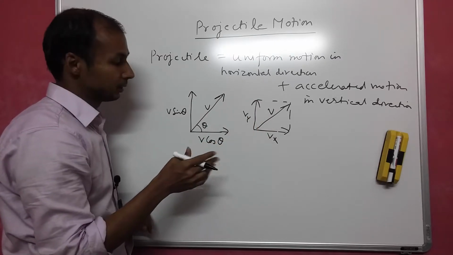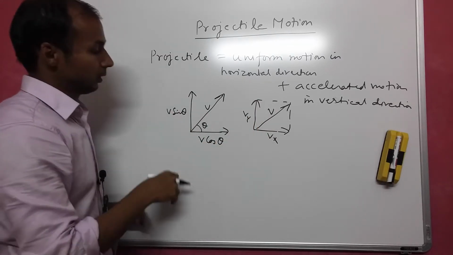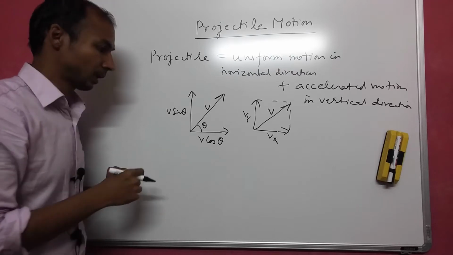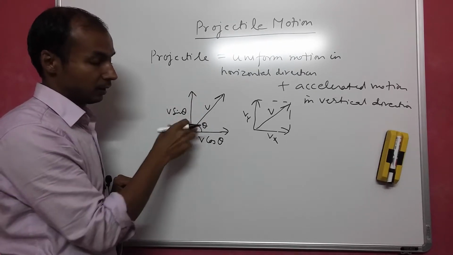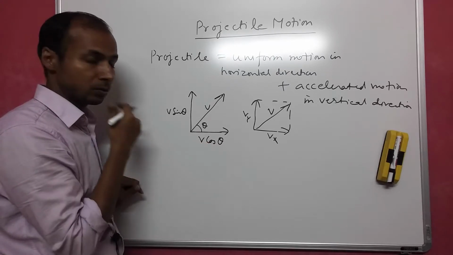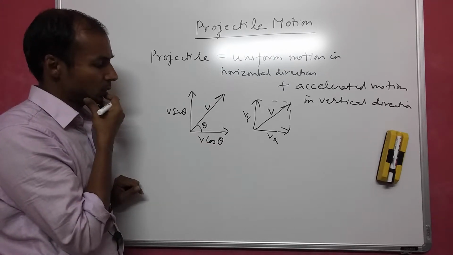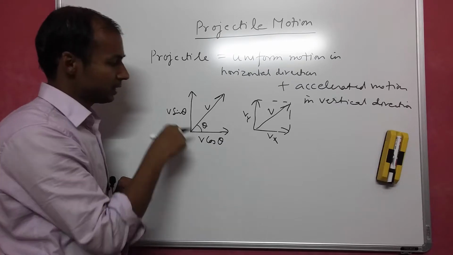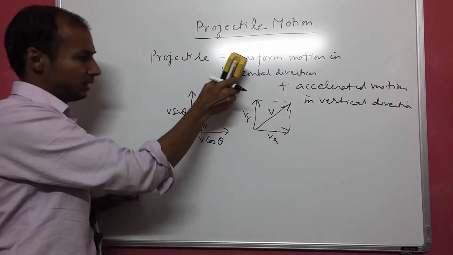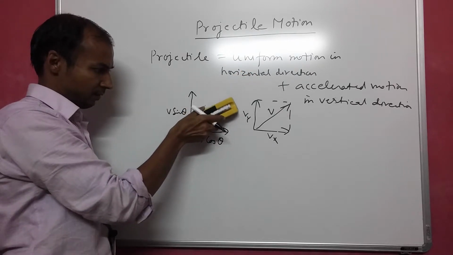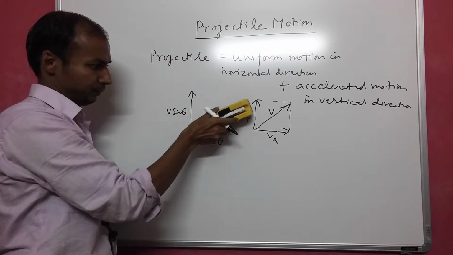The reverse of that is resolving. So an object thrown at velocity v at an angle theta with the horizontal can also be said to be thrown with v cos theta horizontal velocity and v sin theta vertical velocity. Instead of velocity v at an angle theta, we can have two velocities, vertical and horizontal.